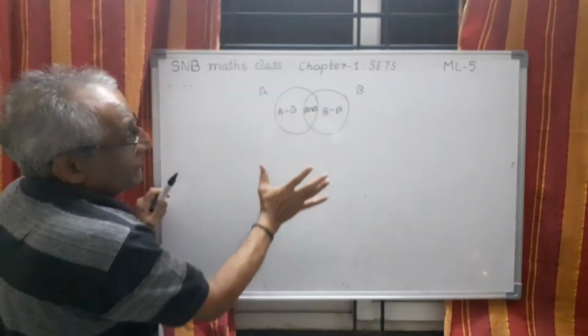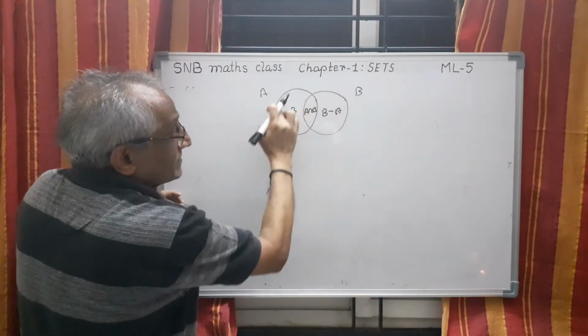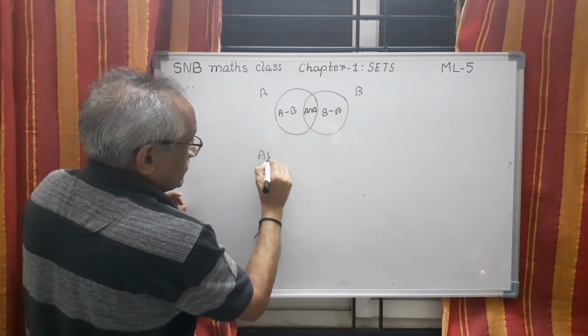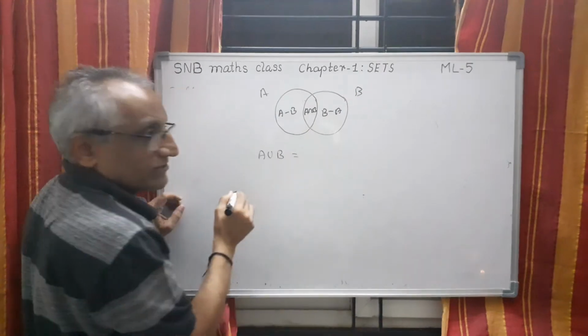But if you take all of them together, in the Venn diagram you have seen, it represents A union B.